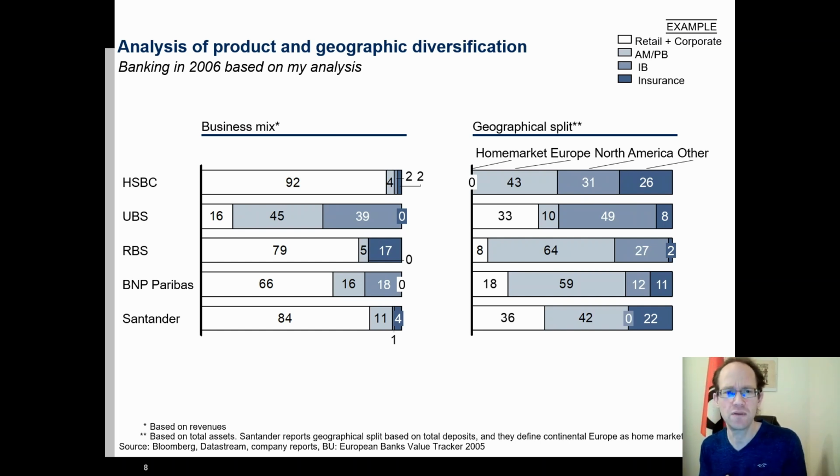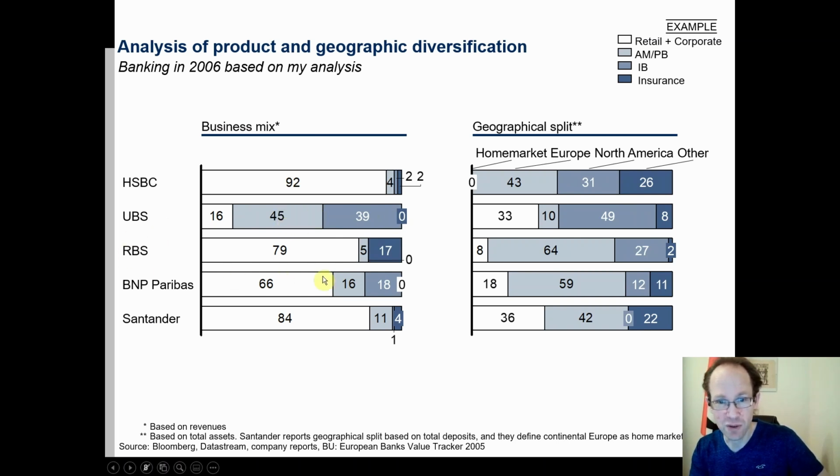Just by looking at this, for instance, you know that this is all for banks here, that HSBC is predominantly a retail and corporate bank, with hardly any activities in investment banking, which of course in 2006 was a pretty good idea, shall we say. UBS on the other hand is of course very much the opposite.